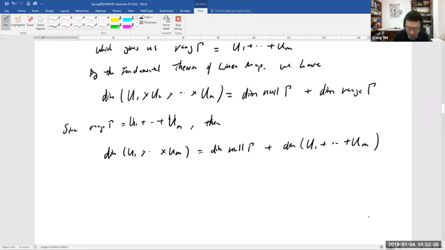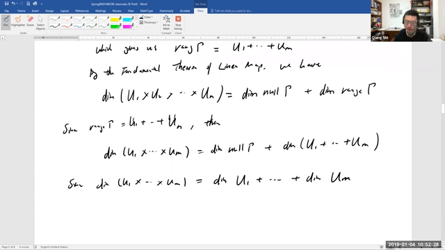And what next? Well, what is the dimension of the product space? That's something we talked about probably 10, 20 minutes ago: the dimension of this is equal to the dimension of U1 plus the dimension of U2 plus the dimension of UM.